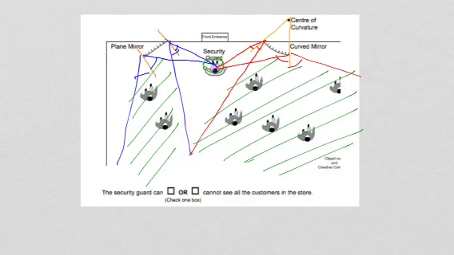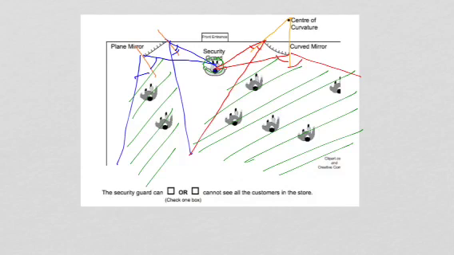If you're supposed to be answering the question, can the security guard not see the customers in the store, what would your answer be? The security guard can see all of the people in the store where he's standing using those two types of mirrors.